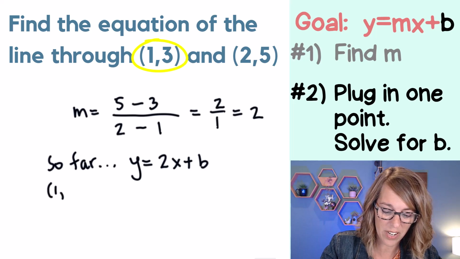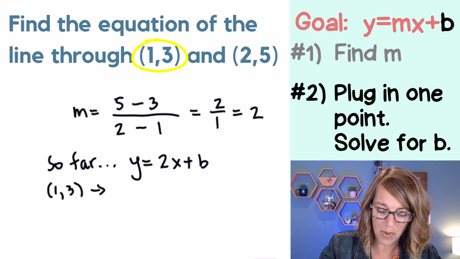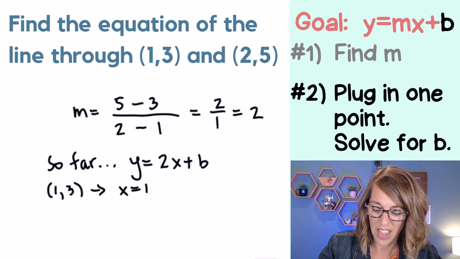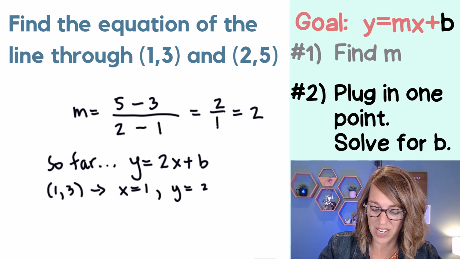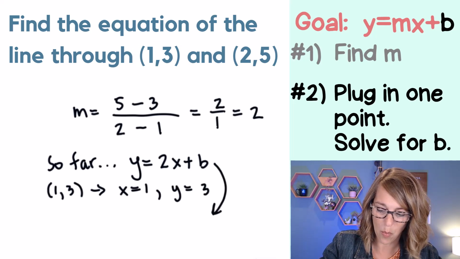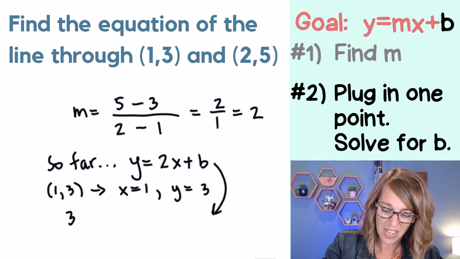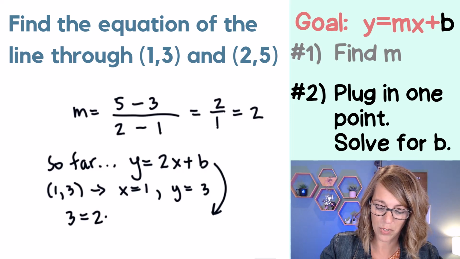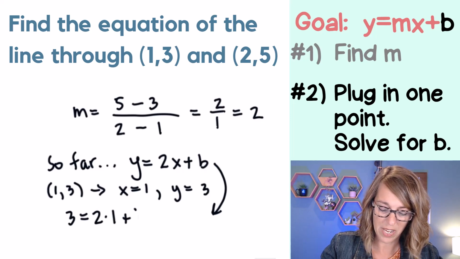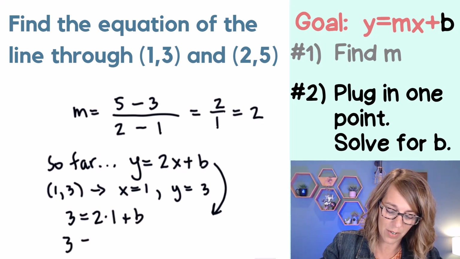So if I choose (1, 3), that means that I'm going to replace x with a 1 and y with a 3. So in my equation, y, which is equal to 3, is equal to 2 times my x, which is equal to 1, plus b. So I've got 3 is equal to 2 plus b.